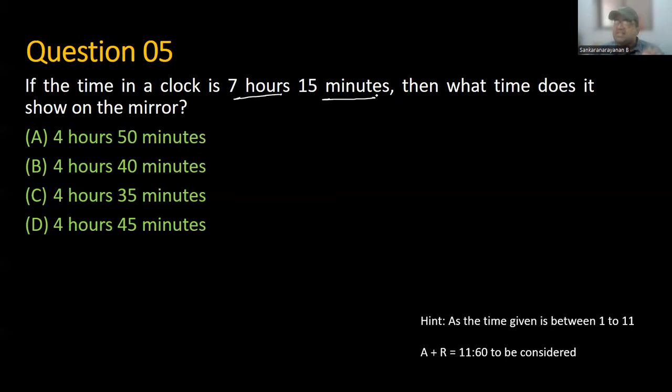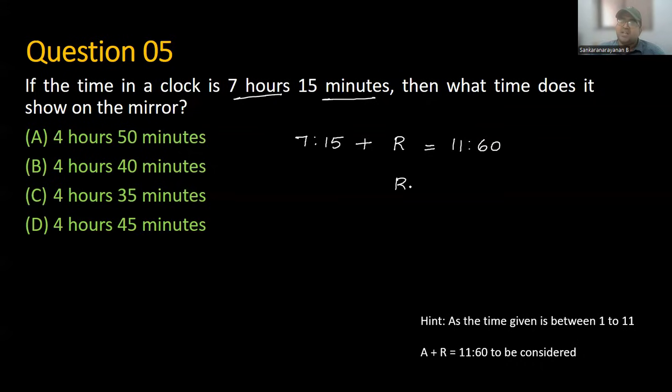So in that case, we know that the actual time plus the reflection will be equal to 11:60. So the actual time is 7:15 plus the reflection, the total will be 11:60, as you can see.